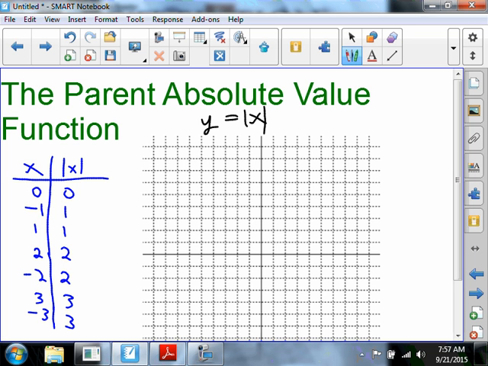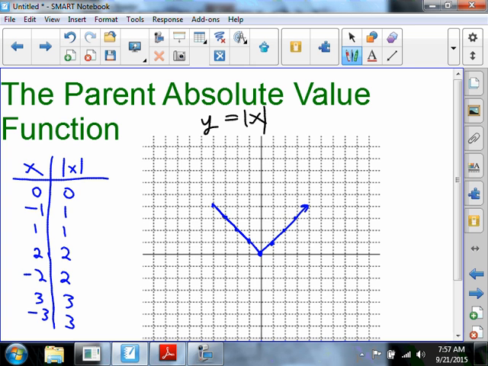Plotting these points, we can see that this graph goes through the points (0, 0), (1, 1), (2, 2), (3, 3), (-1, 1), (-2, 2), (-3, 3). And I think by that point, we get the idea what this graph's going to look like. If I'm sketching this by hand, I'm going to go ahead and draw something like that.